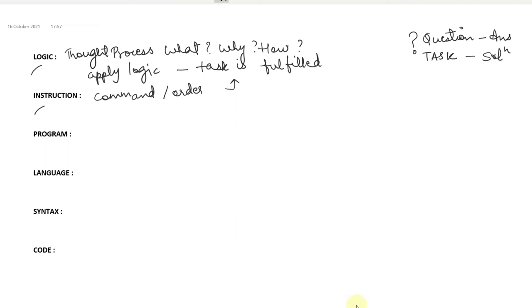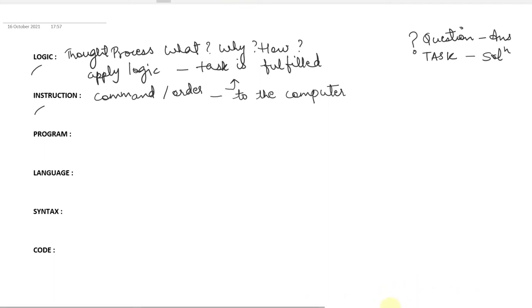Here, giving command and order means to the computer. It's not that we are interacting with another person and giving the command. Here the context is the computer. So giving some command or some order to the computer is what instruction means.